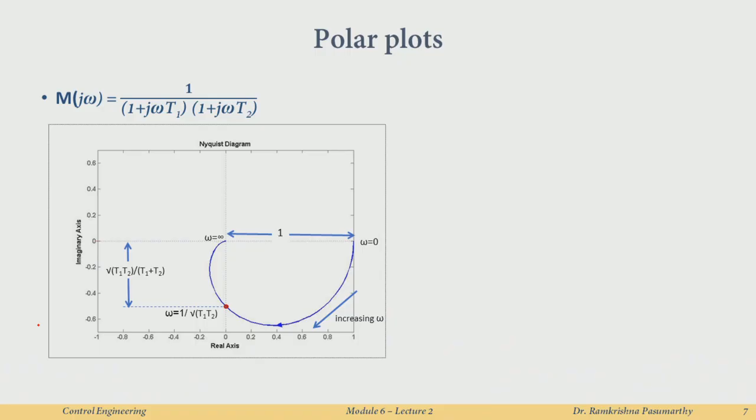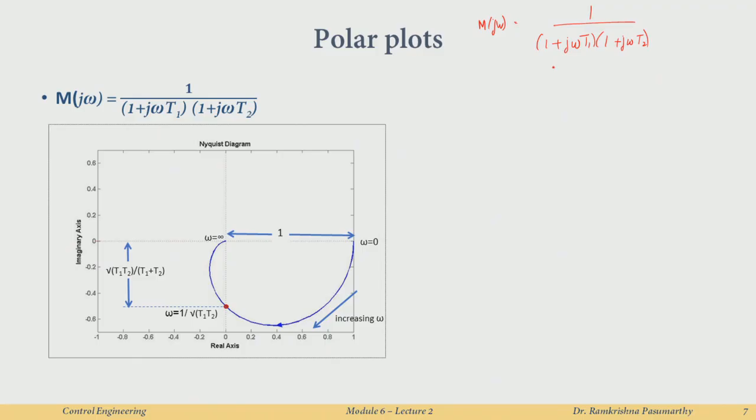That should be very easy to derive, and we are not going into the derivations of those things. So my M of j omega is 1 over 1 plus j omega t1 times 1 plus j omega t2.